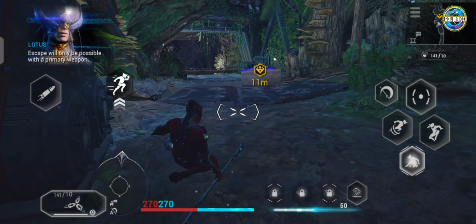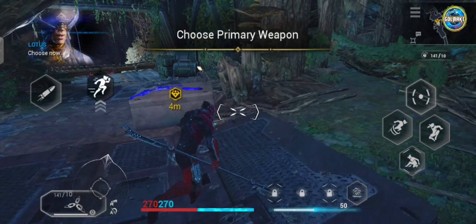Escape will only be possible with a primary weapon. Choose now.